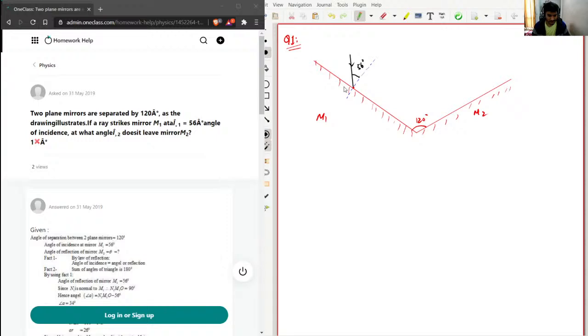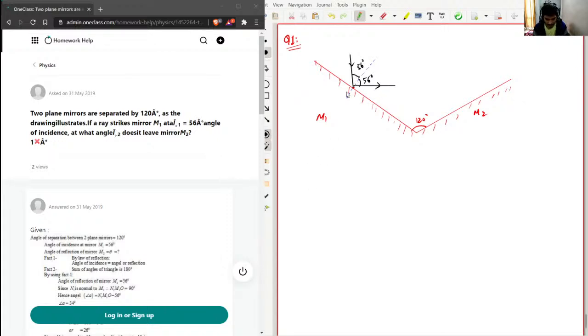So basically in the case of mirrors, angle of incidence is always equal to angle of reflection. So when this ray is reflected back, let's say like this, it will make an angle of 56 degrees.